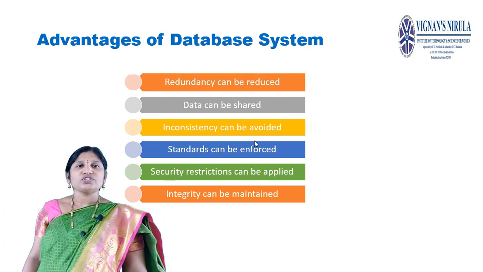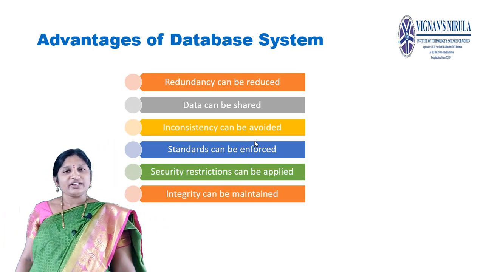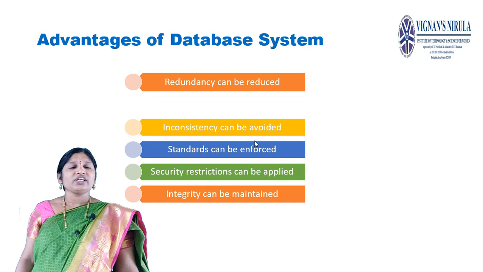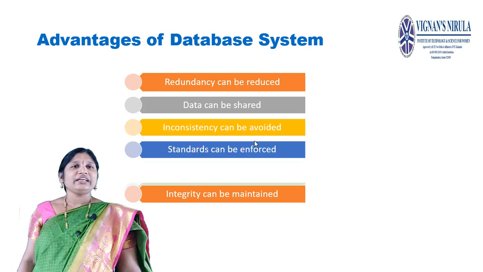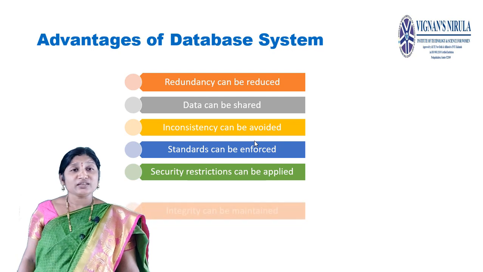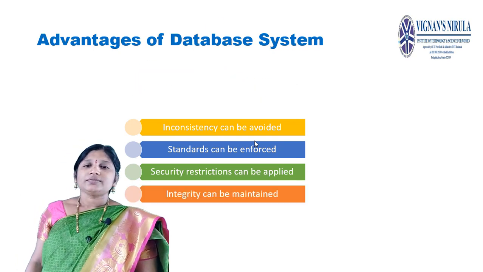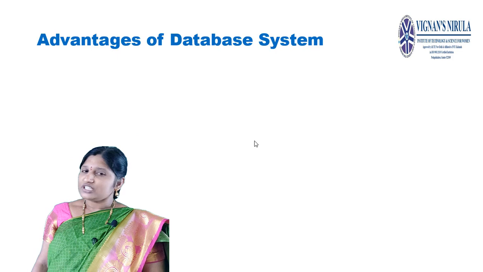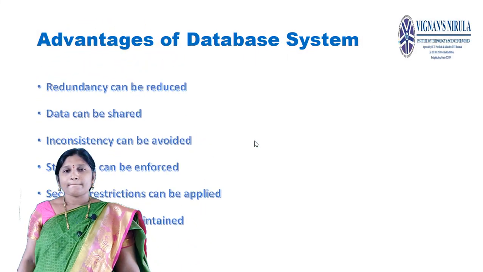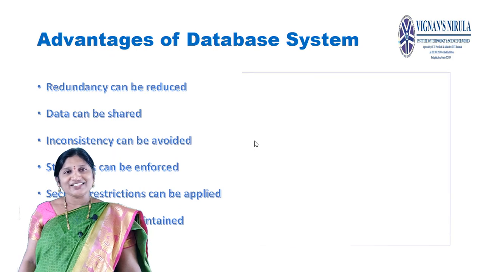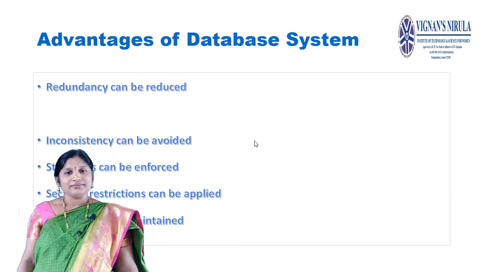Redundancy can be reduced, data can be shared, inconsistency can be avoided, standards are enforced, security restrictions are applied, and integrity can be maintained. So these are the advantages. We will explain what these are one by one with examples.